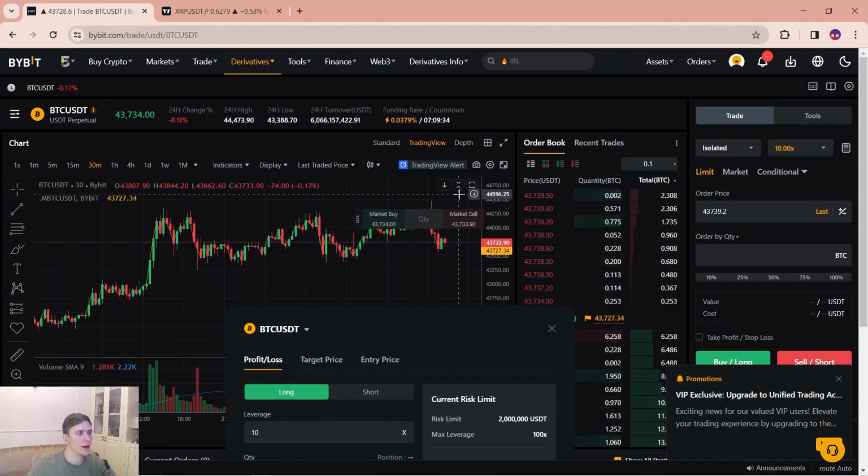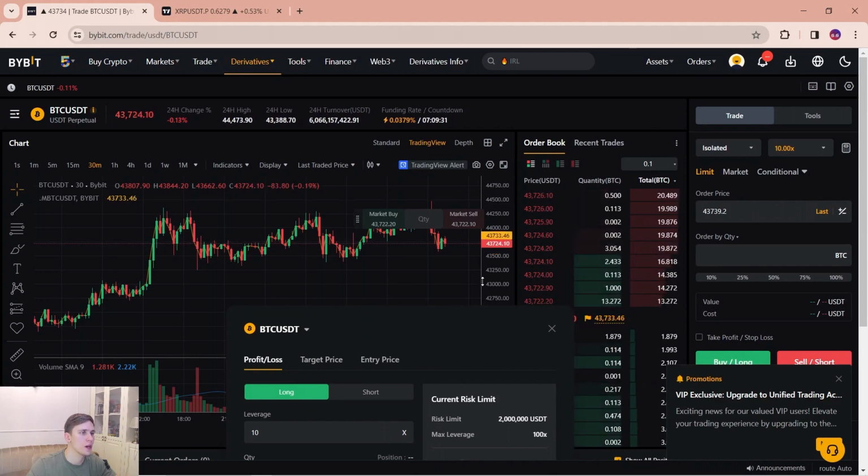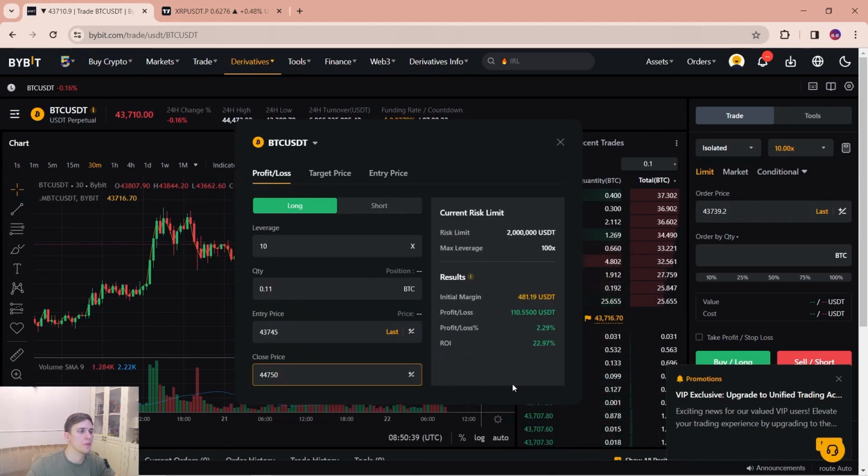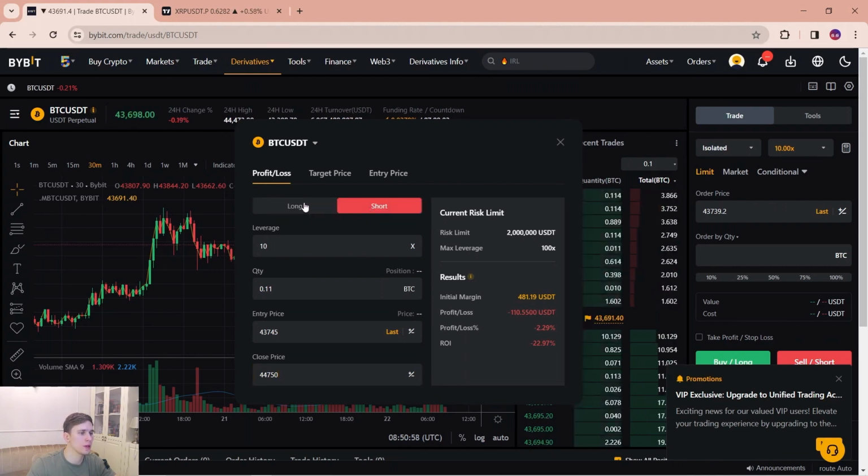Let's imagine our take profit will be 44,750. Our profit will be $110. The risk reward ratio is quite good, 1 to 3. That's how we can calculate our loss or profit, depending on what we trade, long or short, and it will be calculated for you automatically.